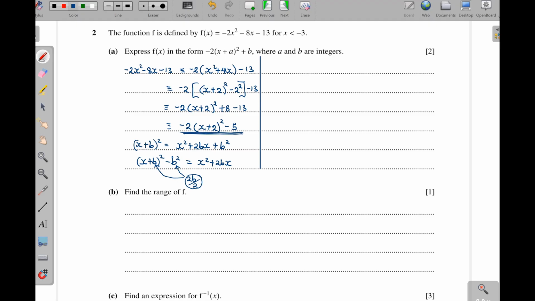Okay, so they said where a and b are integers, they can be positive or negative whole numbers. So just because you're seeing here a plus, it doesn't necessarily mean that you should get a positive here. You see that? Okay, then alternatively, you can expand brackets and then you equate coefficients.